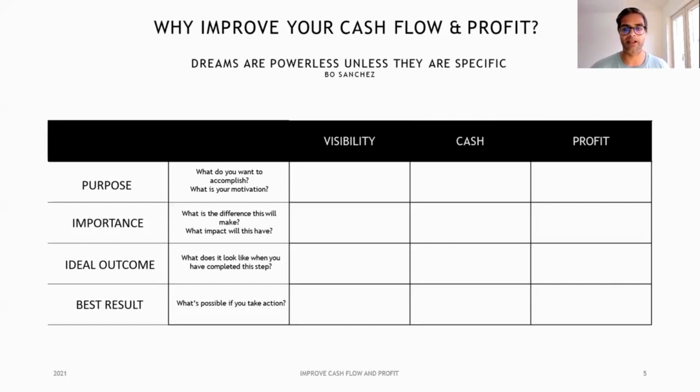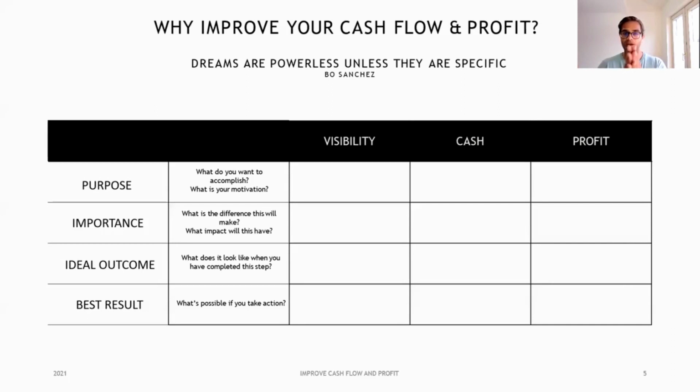You're doing amazing. The whole purpose of this part was to provide a lot more clarity on why you want to work on improving your cash flow and profit. A lot of people just do things, but then they fall by the wayside. Maybe this has been you. This is definitely me. You start doing things, but you lose sight of why you're doing them.